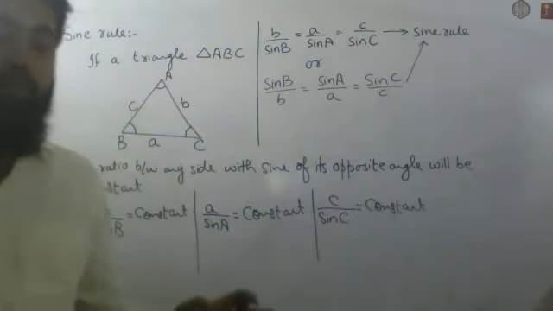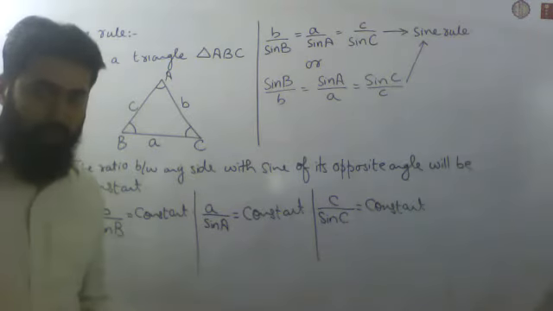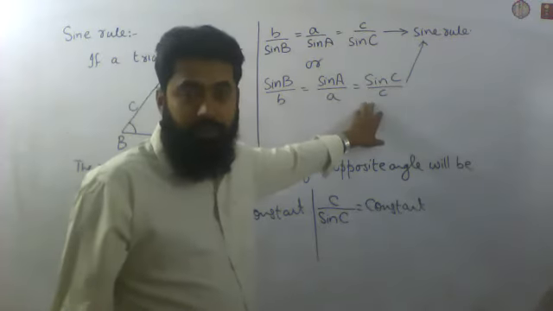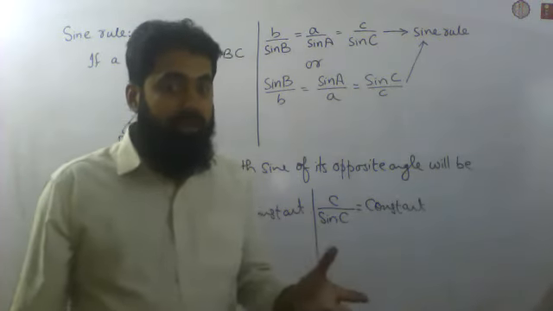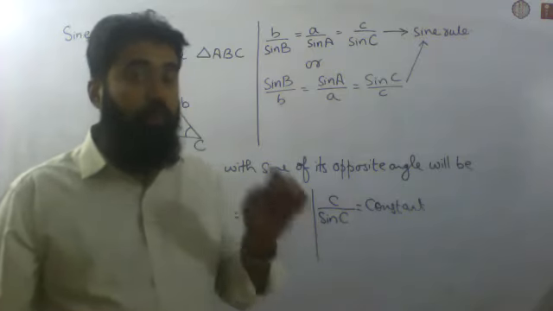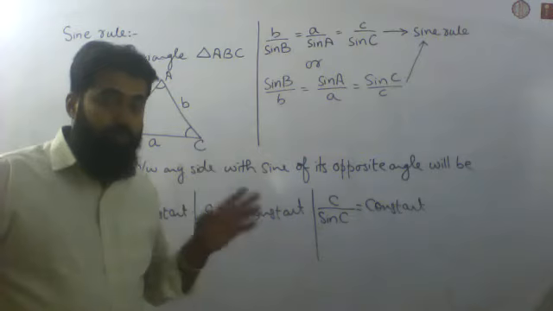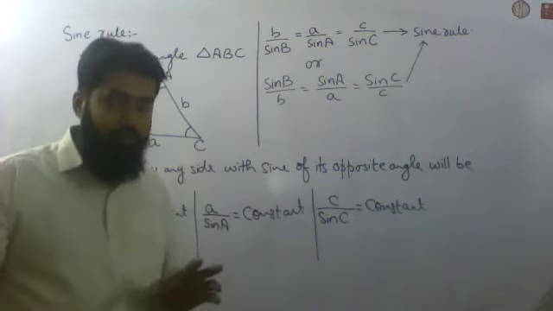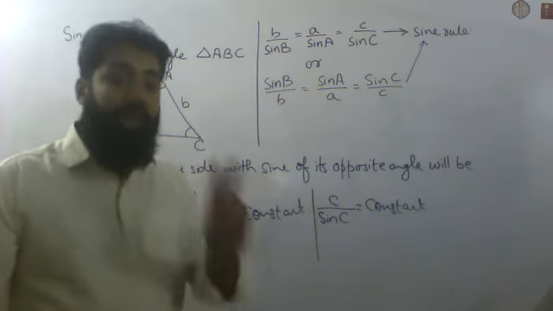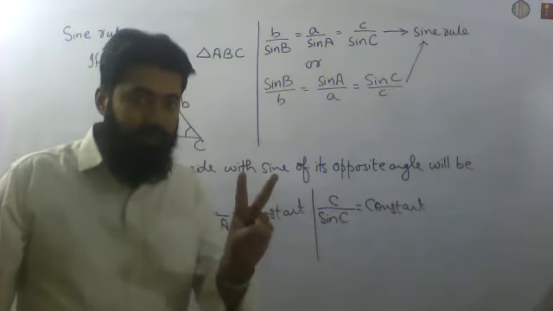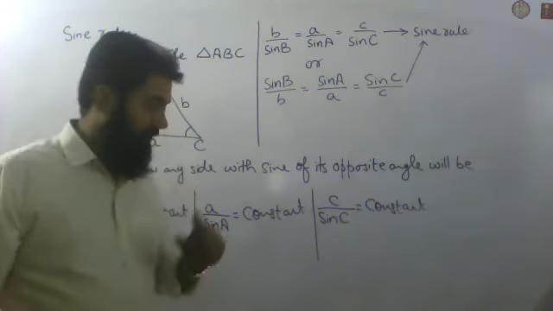Now, when you are going to do the solution work, of course, as you can see over here, there are 2 equals to signs. So I can't solve it in the simplified form. Whenever I am going to use sine rule to solve my question, I will be taking any 2 ratios, not all 3 together, and then I will be solving it.